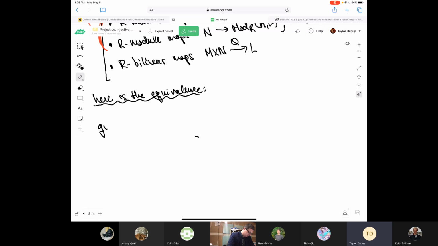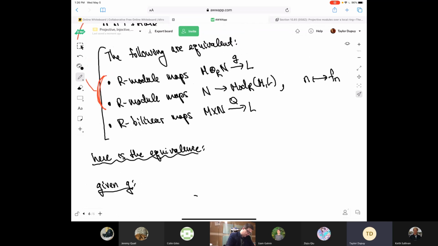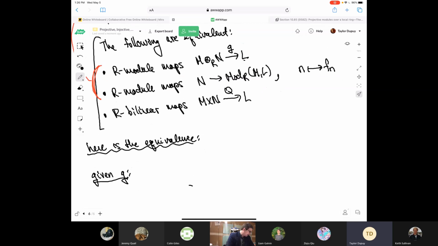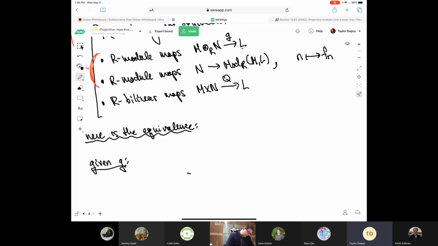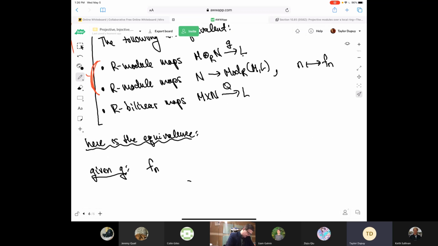Let's do it: if we're given g, which is this map from M tensor N to L, how do I define f? f_n of m is defined to be equal to g of m tensor_R n.